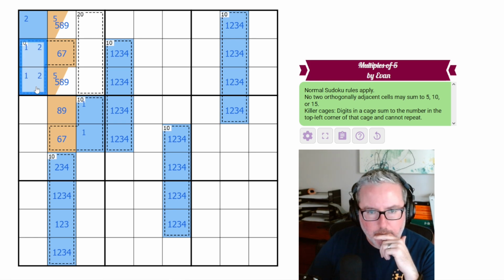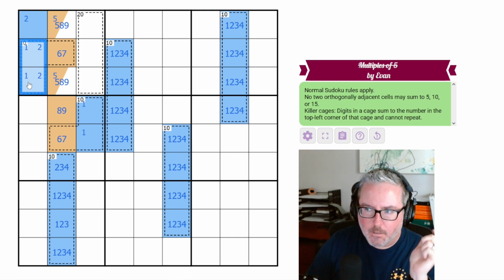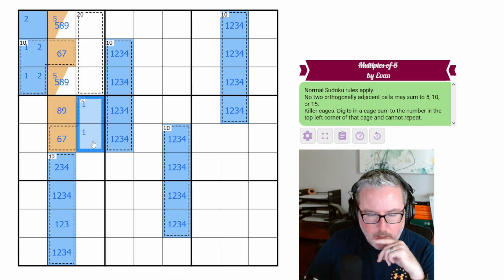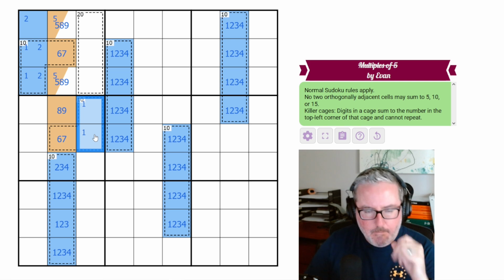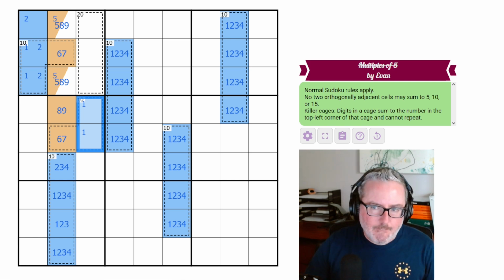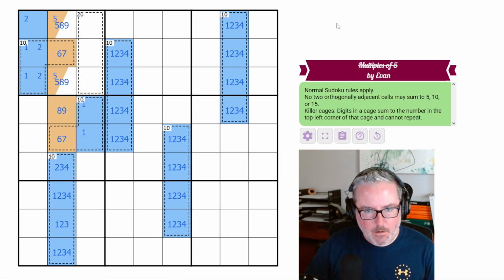Because these have to be their own. These have to be of the 2 different colored lows. So 1, 2, or 1, 3. And this would be the same concept. Don't know if we can propagate that coloring, though, is the problem.